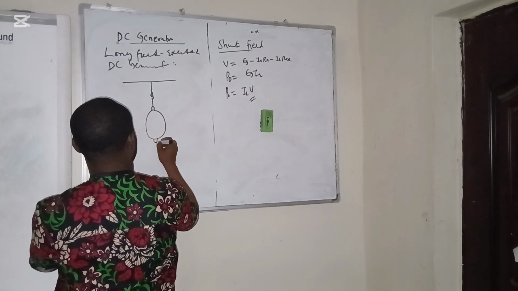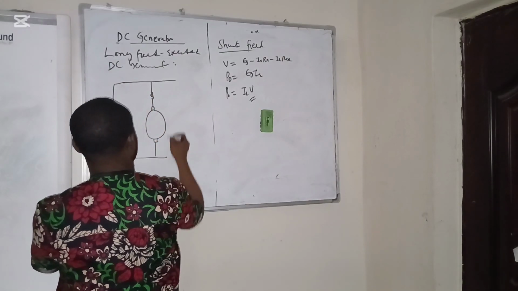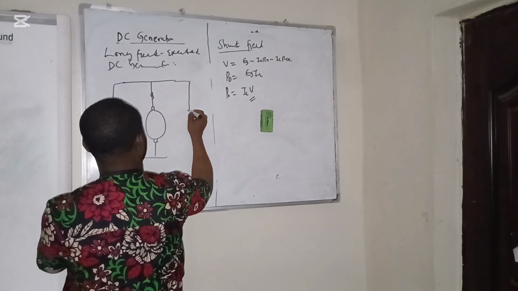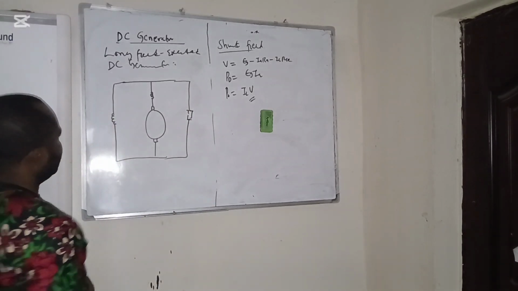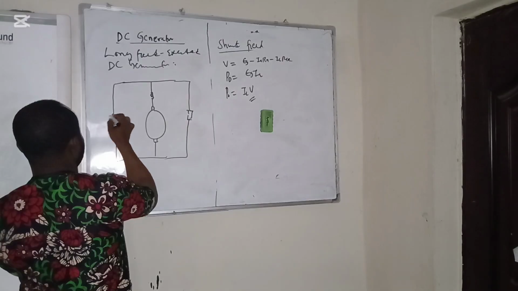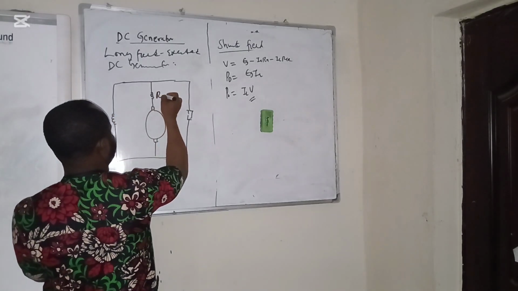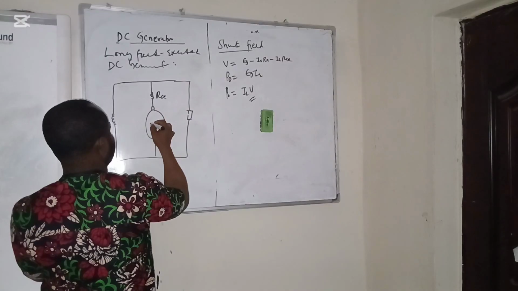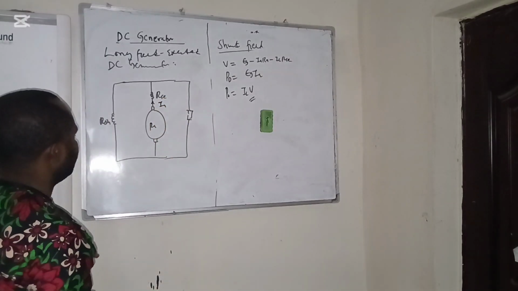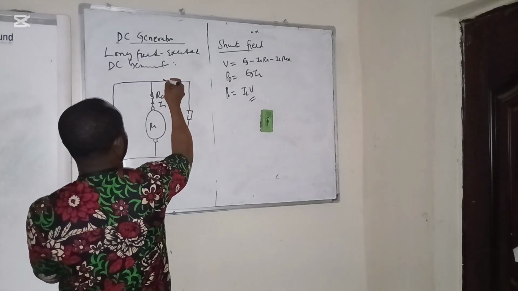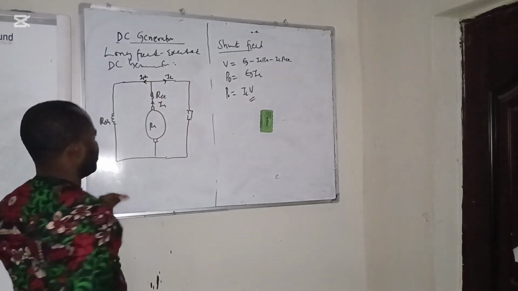This is the shunt windings. We have the load. So you can see this is the shunt resistance, this is the series field, this is your armature, this is this, and we have load, we have shunt current.